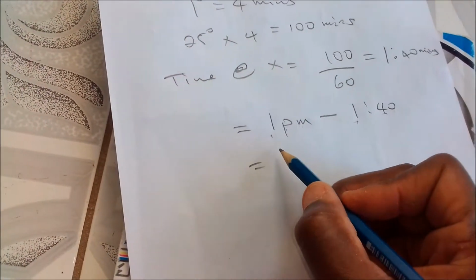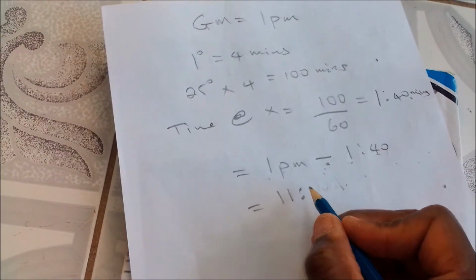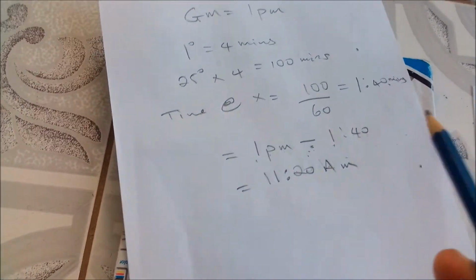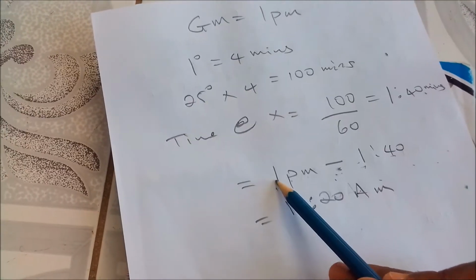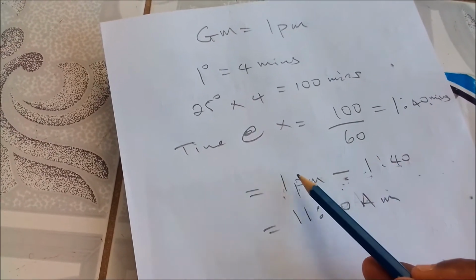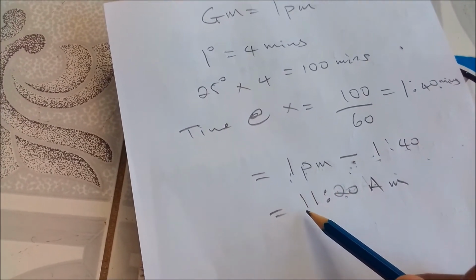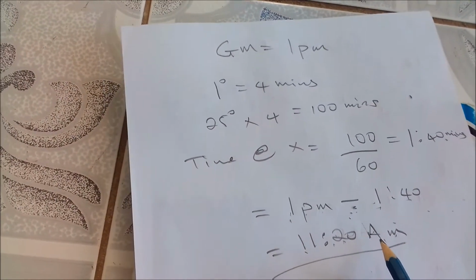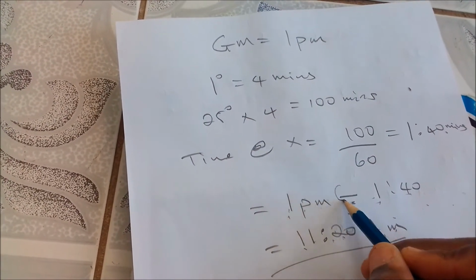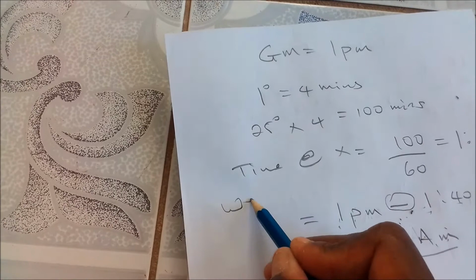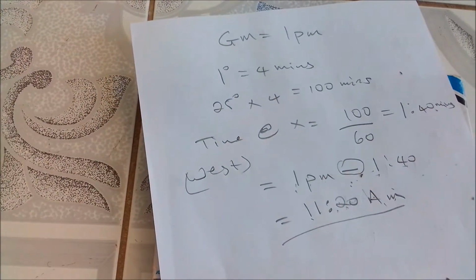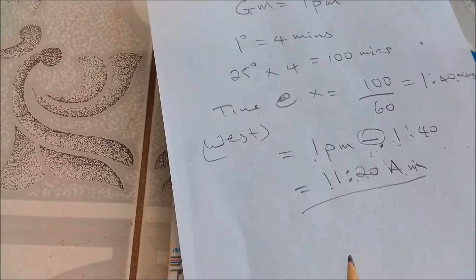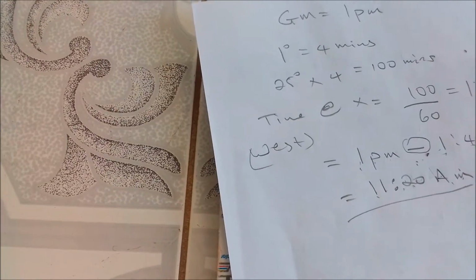So it's going to be 11:20 a.m. The 1 hour from here gives you 12, and the 40 from the 12 gives you 20. So therefore it's 11:20 a.m. This is moving west, because you're moving west, you're going to minus. Remember, anytime you're moving in a westerly direction, you minus. Whenever you're moving in an easterly direction, you add.